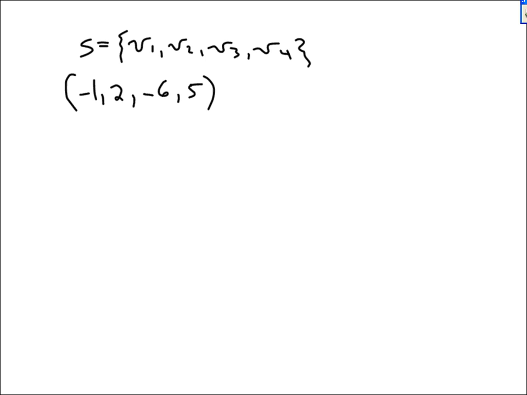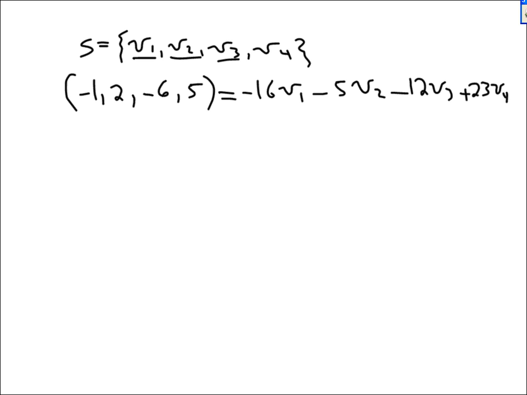We learned that this vector is equal to -16 times the first vector minus 5 times the second vector minus 12 times the third vector plus 23 times the fourth vector.